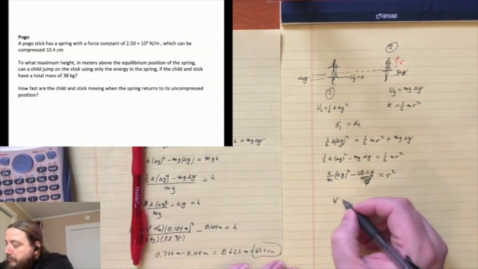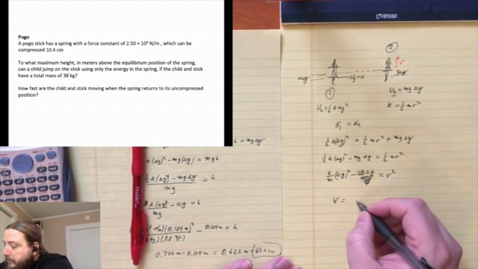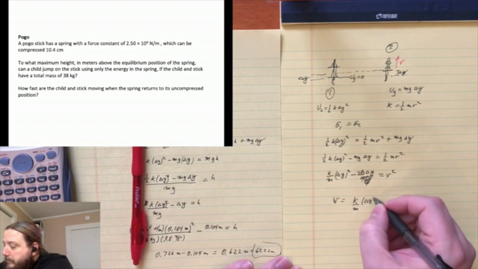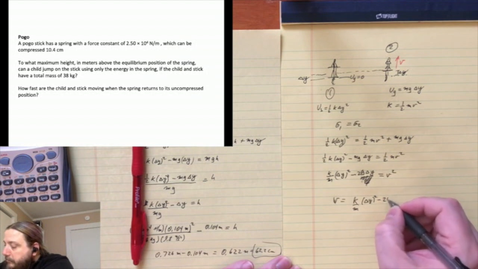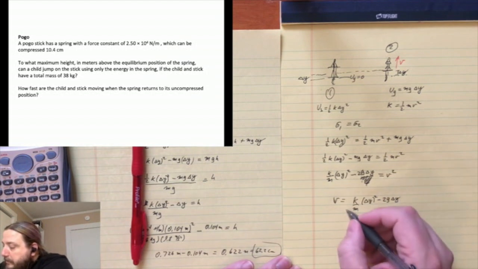So v, our speed, is going to be the square root of k over m delta y squared minus 2g delta y.